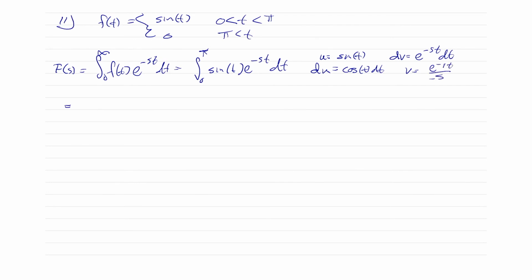So throwing it all together, we get uv, so sine of t times e to the minus st divided by minus s, minus the integral of v du, so the integral of e to the minus st divided by minus s, and du is cosine of t dt, so it's got a plus sign there, and we're evaluating this at 0 and pi. Okay, so at 0, sine is 0, and at pi, sine is also 0. So this is actually equal to the integral from 0 to pi.